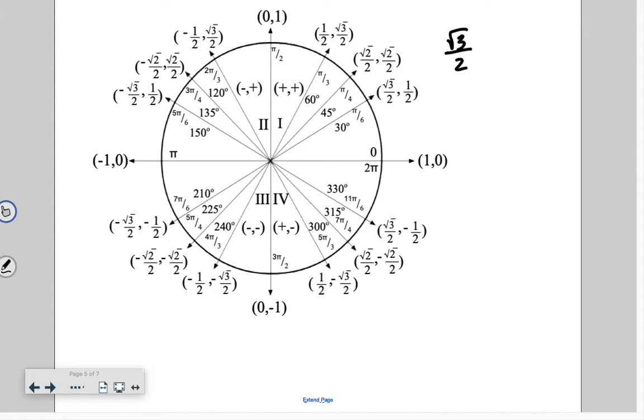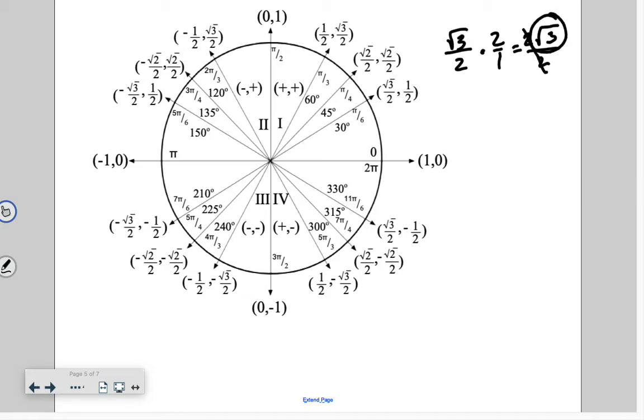Cosine divided by sine. But remember, when we divide by a fraction, we multiply by its reciprocal. So rather than divide by 1/2, I'm going to multiply by 2 over 1. And now we get 2 square root of 3 over 2. The 2's cancel. The cotangent is the square root of 3.